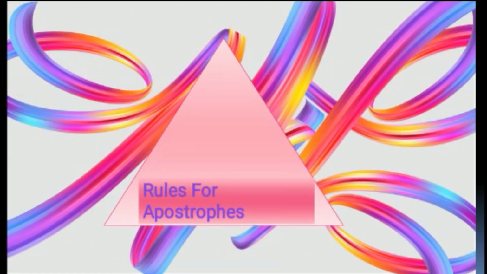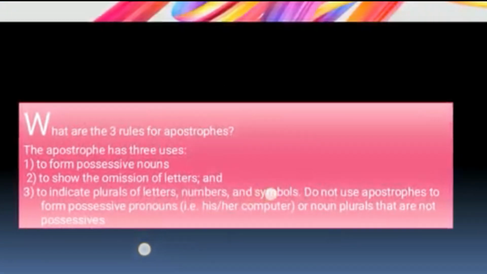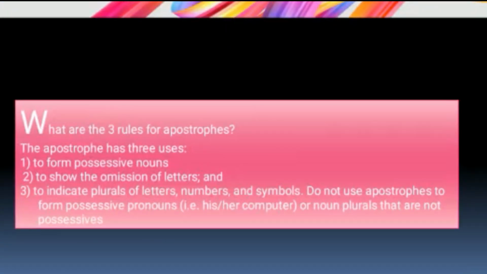Now we have to see what the rules for apostrophes are, where they are applicable and where they are not applicable. What are the three rules of apostrophes? Apostrophes have three rules: to form possessive nouns, as we see in our definition as well; to show the omission of letters, for example, can't; and third, to indicate the plurals of letters, numbers and symbols.